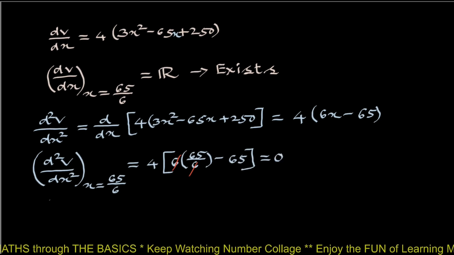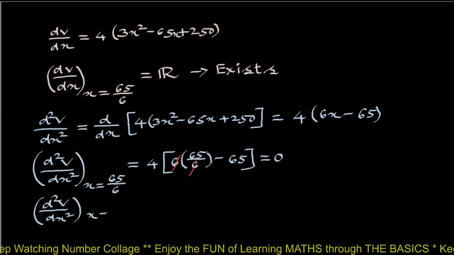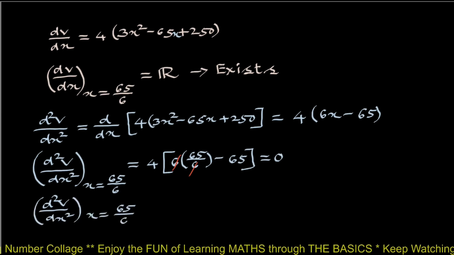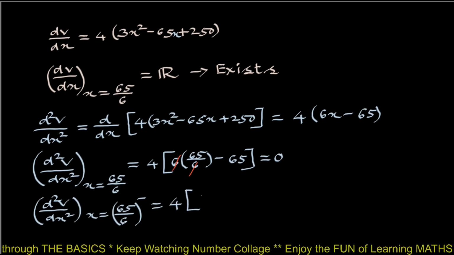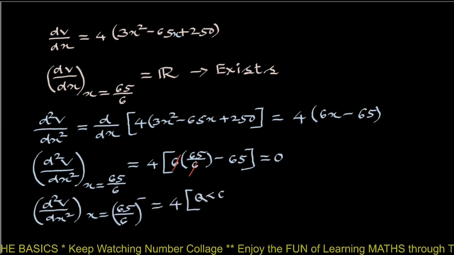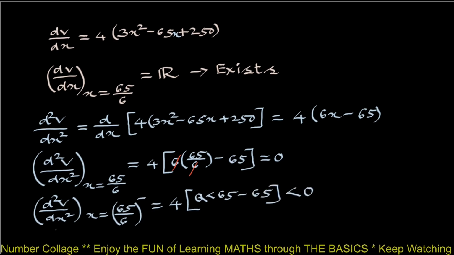Now let us check what happens to d2V upon dx square to the left of 65 upon 6, negative. It will be 4 times (6 times some quantity q less than 65 upon 6, minus 65), which will give a negative quantity.